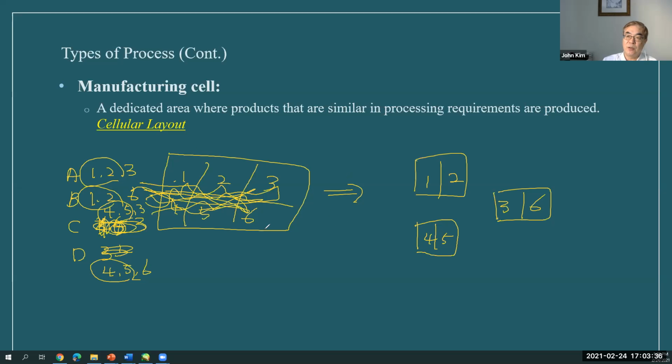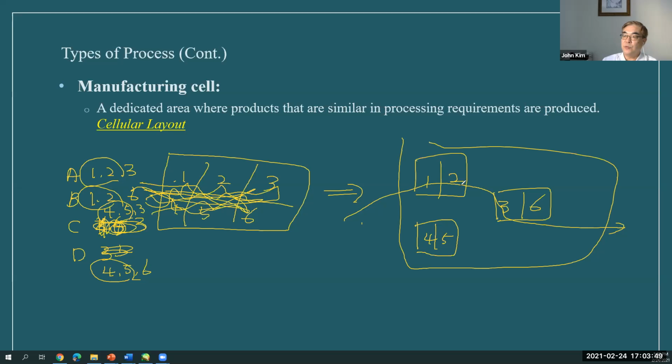So we change workstation type to cellular type. Then A comes, goes to 3, and out. B comes, 1, 2, and 6, and out. C goes 4, 5, 3, out.